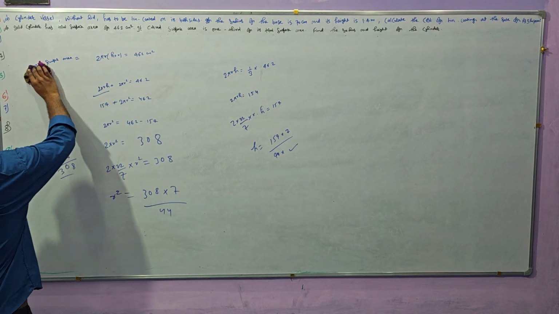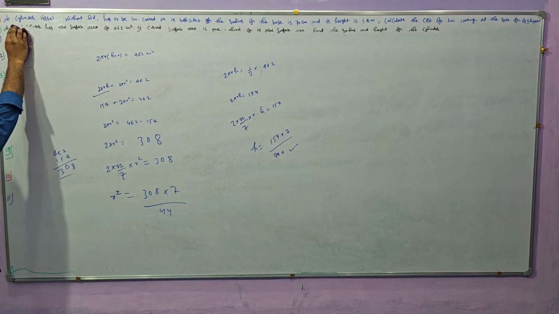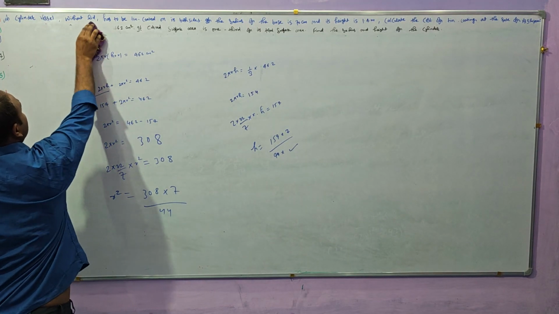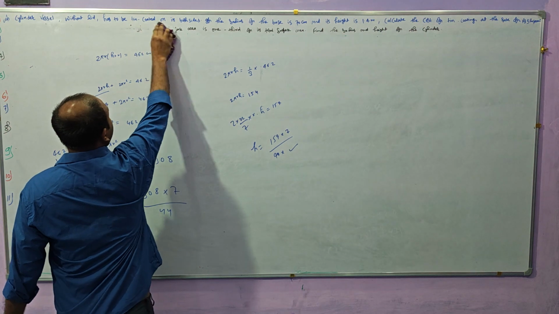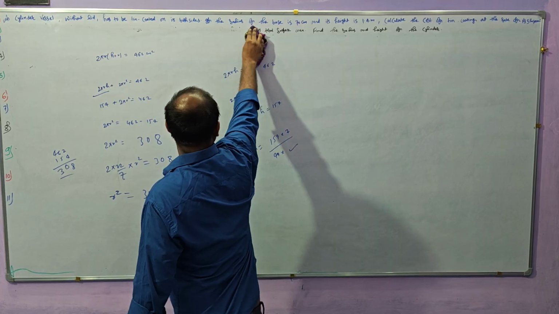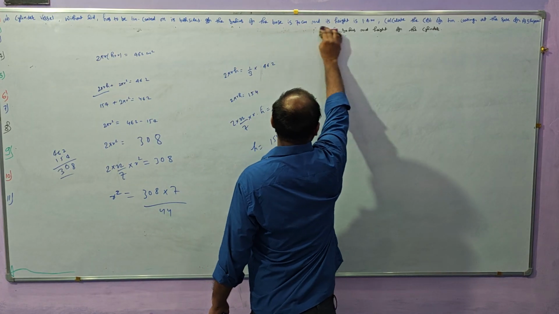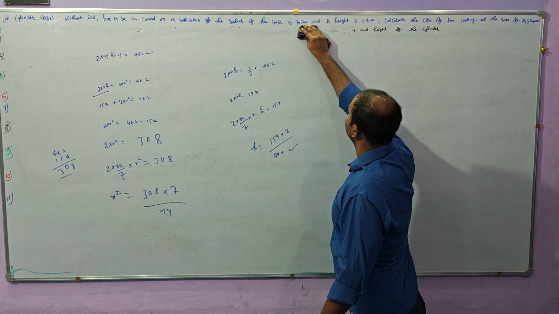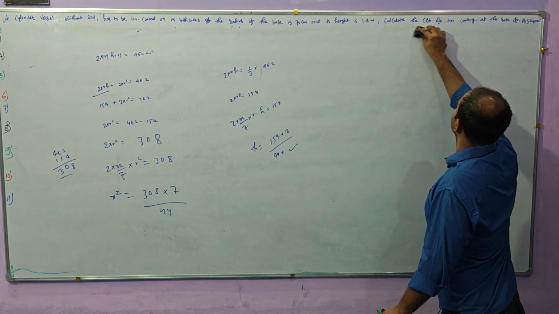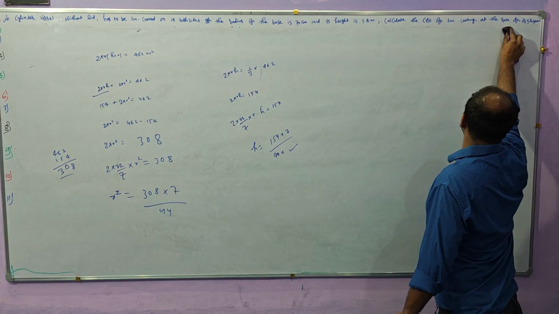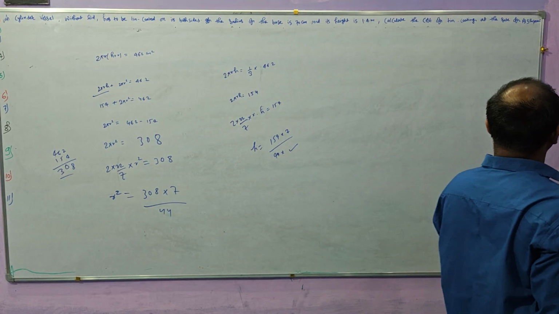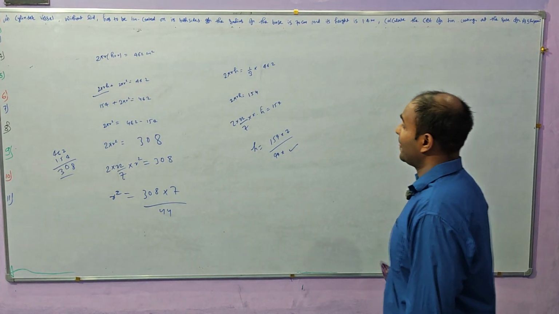So now in another question, a cylinder vessel without lid has to be tin coated on both sides. If the radius of the base is 70 centimeter and height is 1.4 meter, calculate the cost of tin coating at the rate of 3 per 1000 centimeter square.